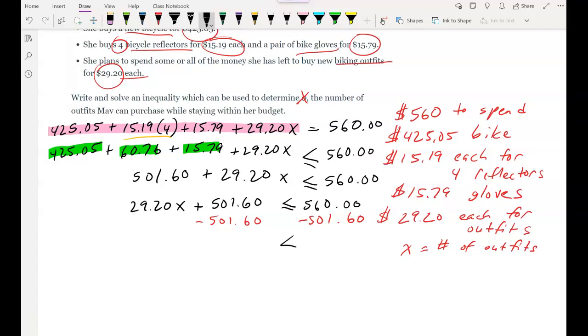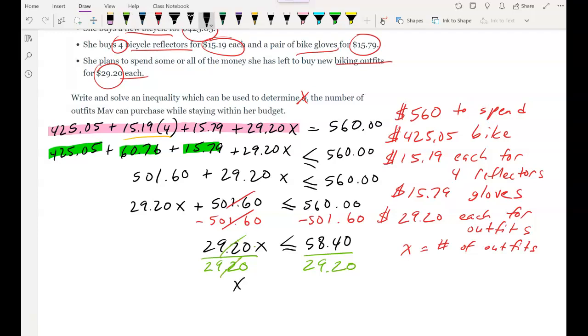And on this side I get 58.40. On this side, those two cancel out, and I end up with 29.20 times x. And now I divide both sides by 29.20 because that's what's being multiplied by the x. So I have to undo that multiplying by dividing both sides by that.